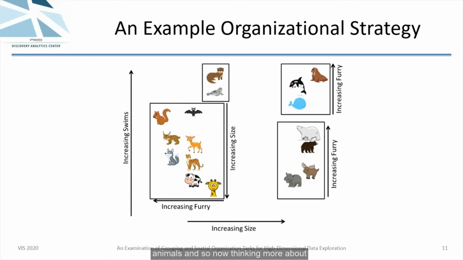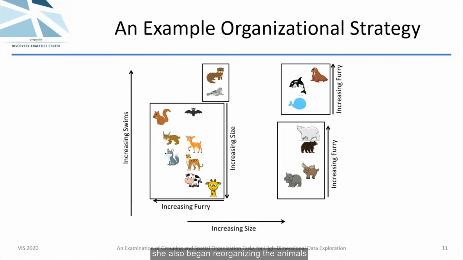And so now, thinking more about these formal clusters in the data, the size axis was replaced by a general size trend between the left and right cluster pairs. Instead of there being a global size dimension, it's now more discrete: the animals in the left clusters are smaller than the animals in the right clusters.